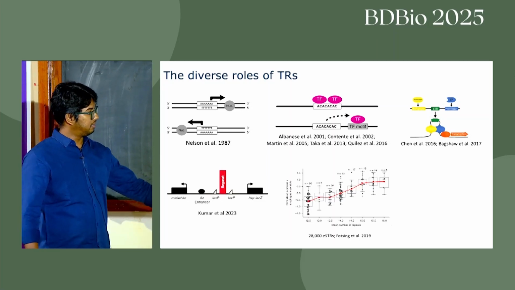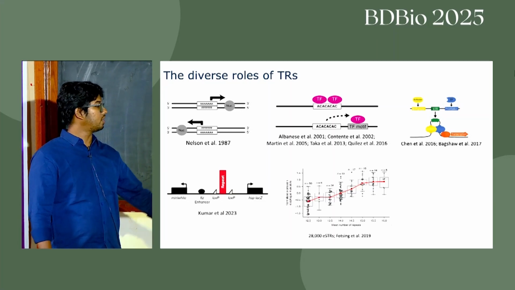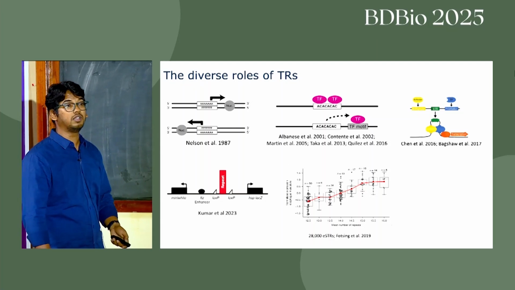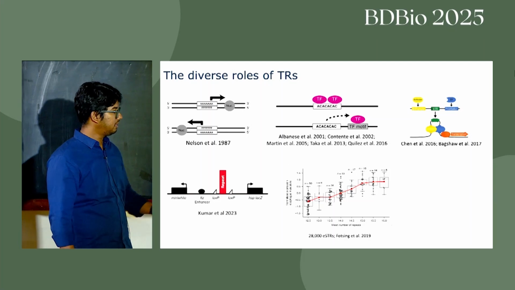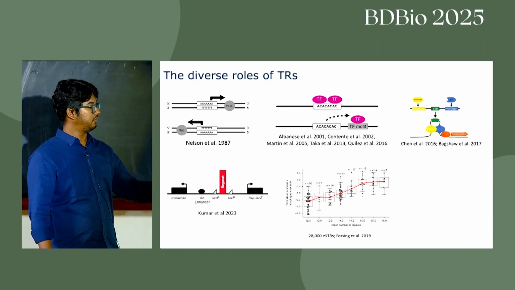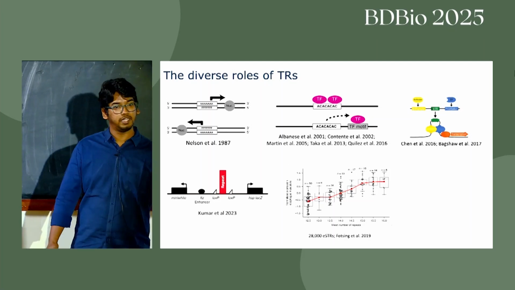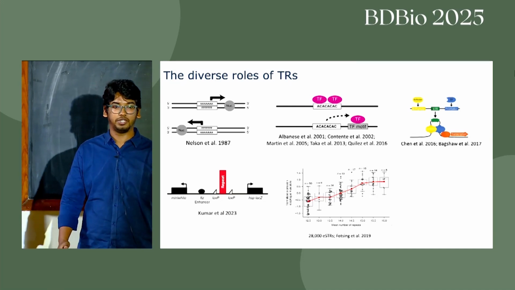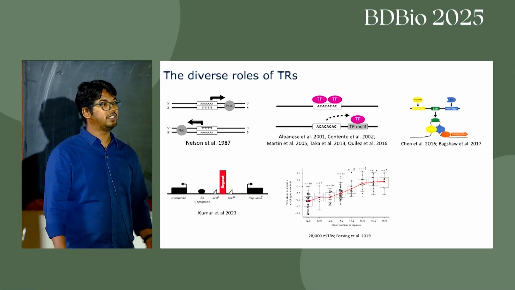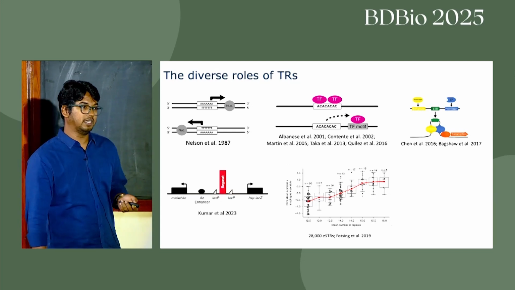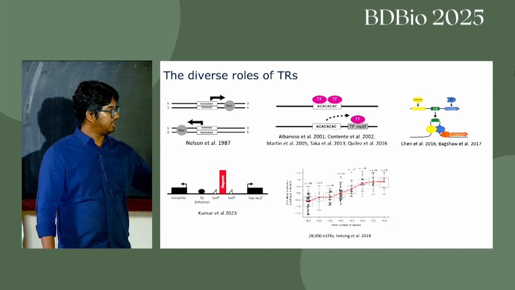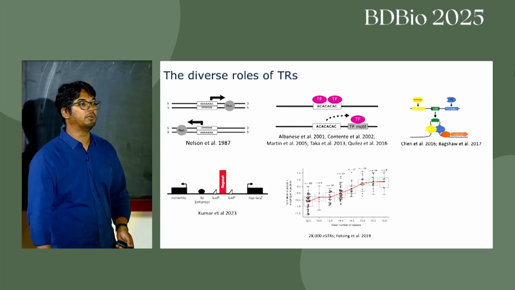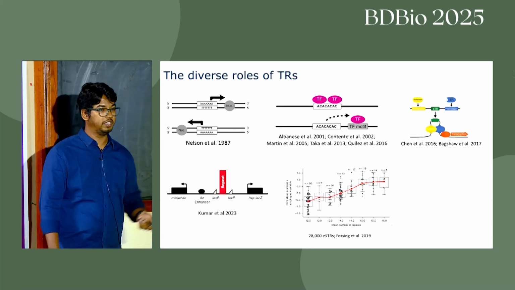And more recently, there is much more work going on about genome-wide analysis of TRs and their function. One work that came out in 2019 talks about the effect of TR length on proximal gene expression. They identified some 28,000 STRs called eSTRs, because, as you can see in this graph, the length of the repeat positively correlates with how much gene expression there is of a nearby gene.